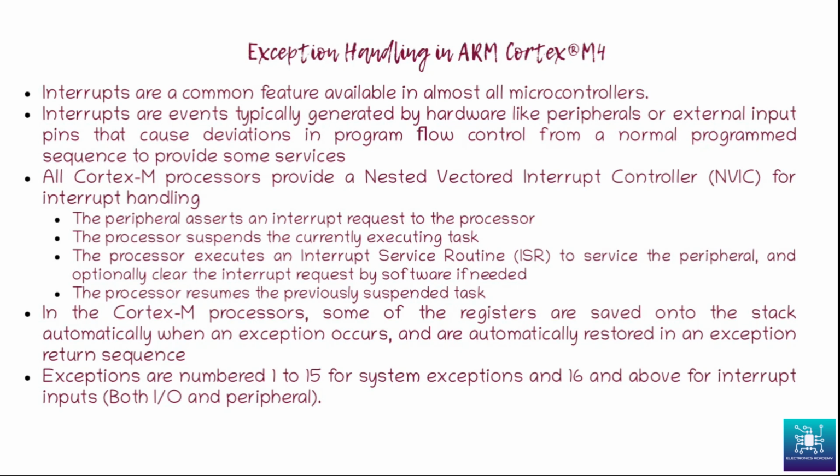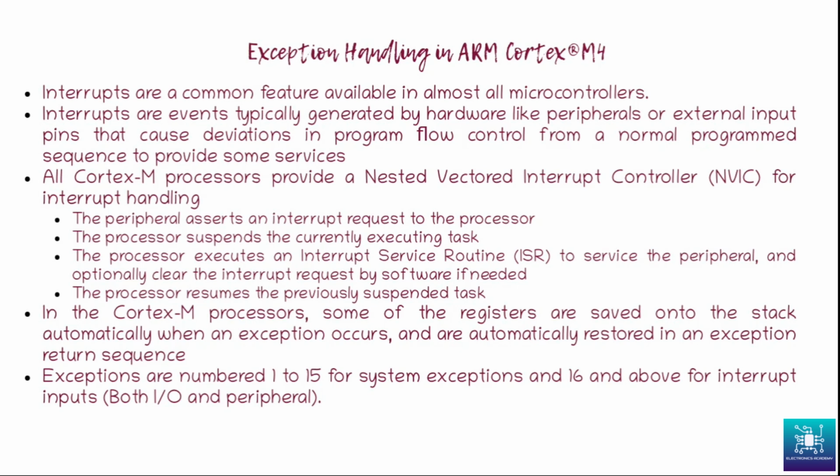Now, there are four major steps that happen when an interrupt is asserted. This is something that we just spoke about, and it's very generic: the peripheral asserts an interrupt request to the processor. Now, the processor suspends the currently executing task. When we say task, this could be the main program flow control, or some function that you're executing in your embedded code, and then that code is suspended.